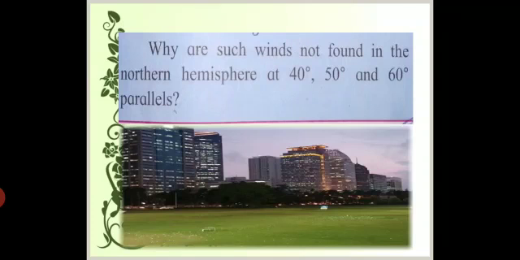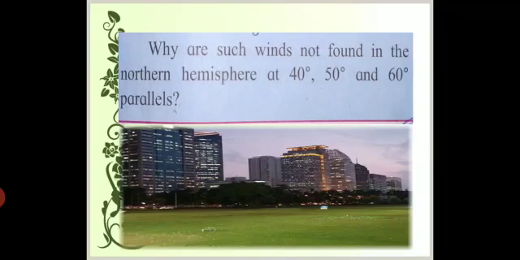Why are such winds not found in the northern hemisphere at 40 degree, 50 degree and 60 degree parallels? Children, do you know why? I will explain it to you. As we have studied, winds blow with greater velocities in the southern hemisphere because the area is mostly occupied by oceans.